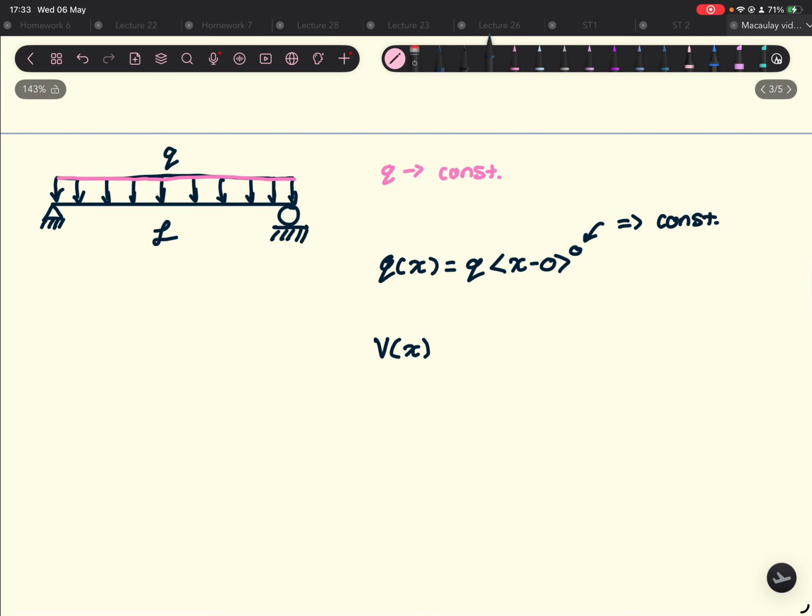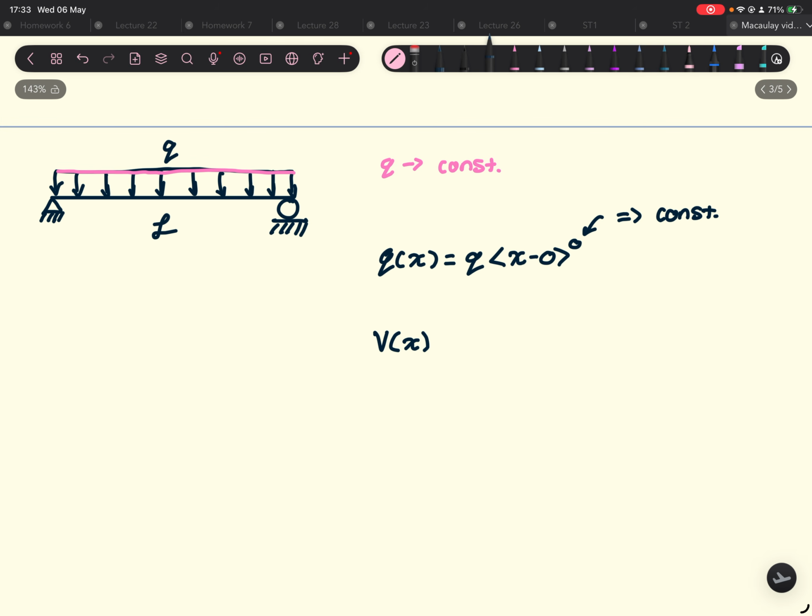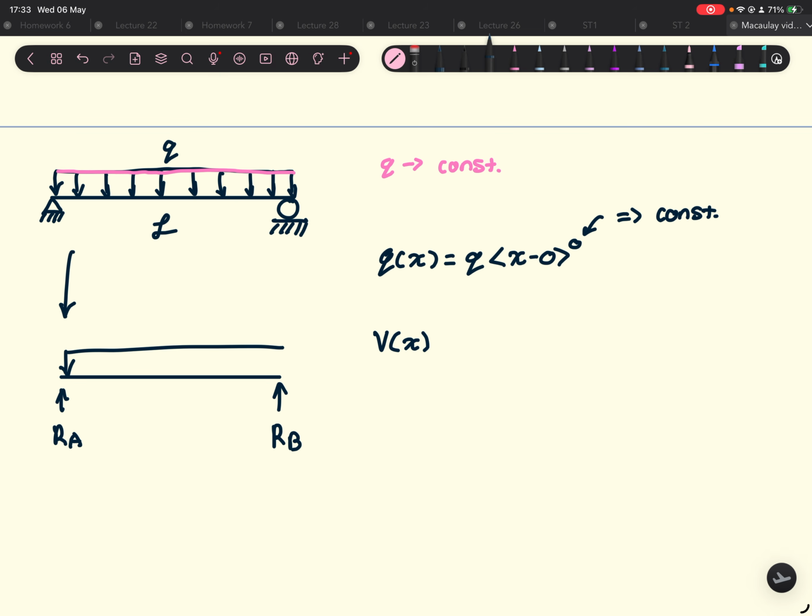And then our shear force, right? If you think about the shear force, first things first, free body diagram. I forgot about that. Don't forget about that tomorrow. So you have RA, you have RB, and then you have the distributed load, right? Cool.